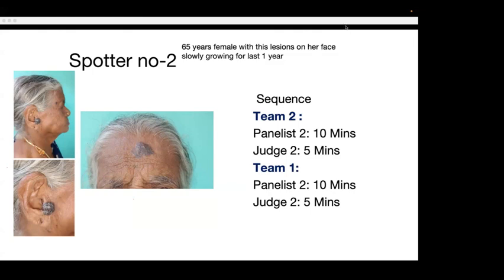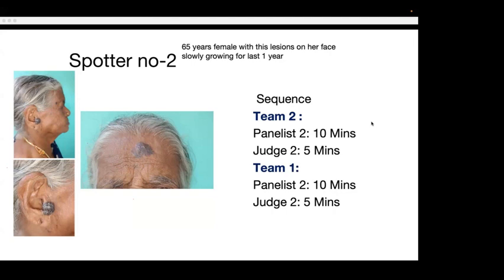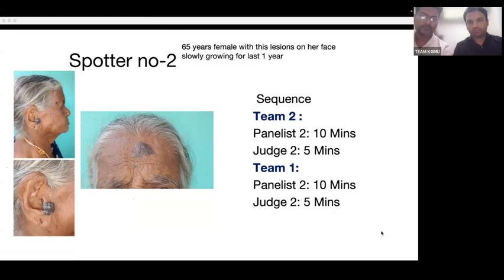I'm not talking about BCC. KGMU? Lentigo maligna and superficial melanomas. Okay, give them 1 mark.